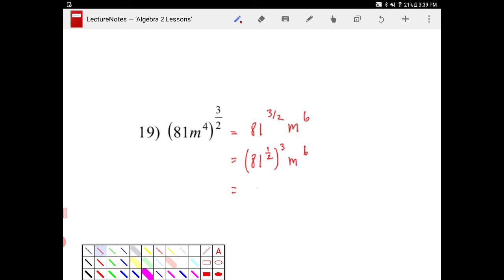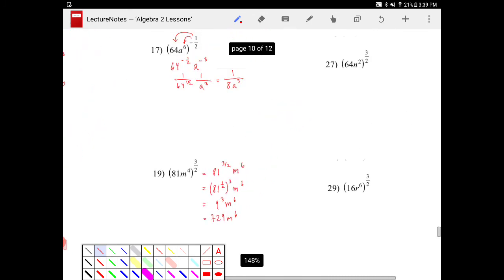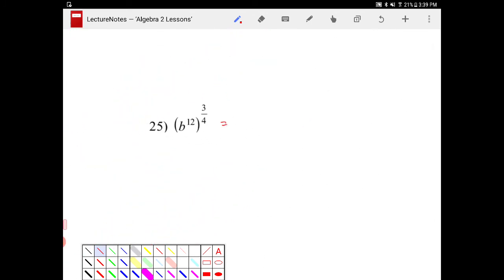So this is 9 to the third, m to the 6th. Or it's 729 m to the 6th. All right, moving on. b to the 12 to the 3/4 is equivalent to b to the 12 times 3/4. And that would be b to the 9th.